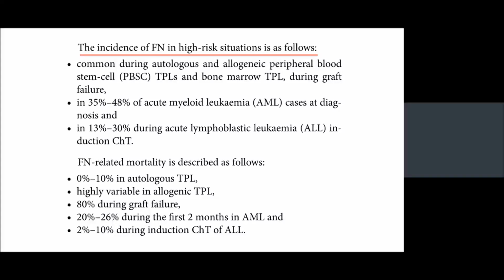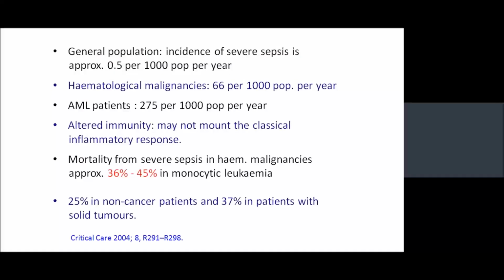And then, of course, these are just stats during the first 2 months in AML and then induction of ALL. So remember, the acute leukemias and the chemotherapy given for acute leukemias can result in significant neutropenia. And remember, we have knocked out the other parts of the immune system also, so therefore they are very, very susceptible to getting infections, right?